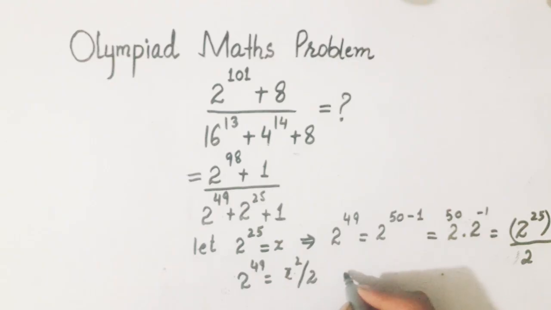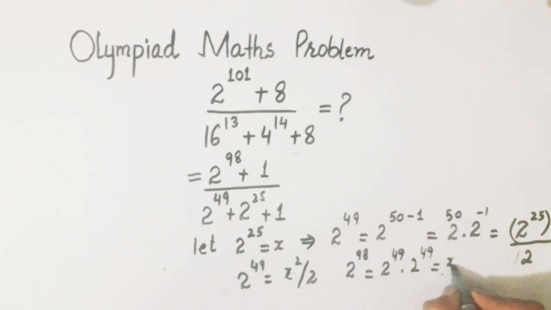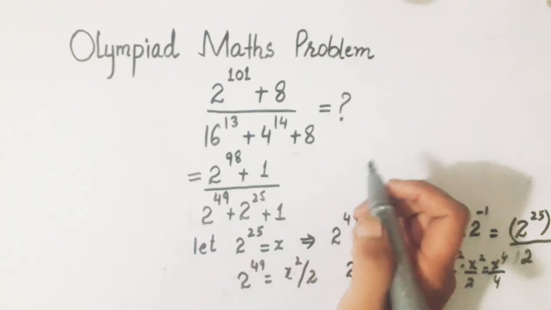Now 2 raised to power 98 means we multiply 2 raised to power 49 two times. So this will become x square by 2 into x square by 2, which gives x to the power 4 by 4. Now we will substitute these values into this equation.